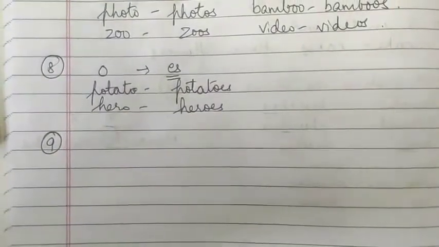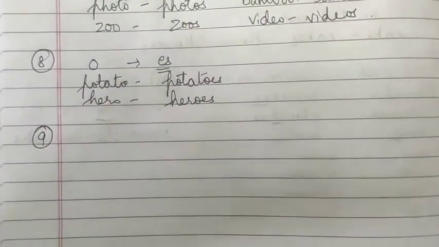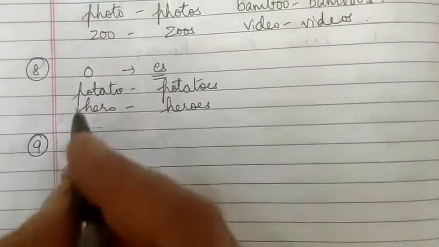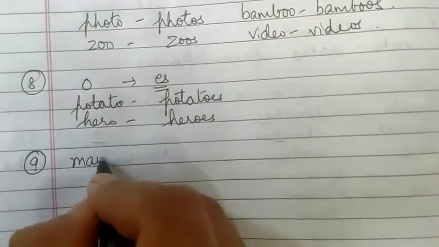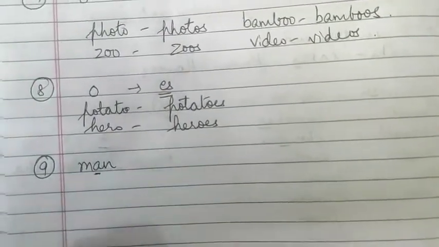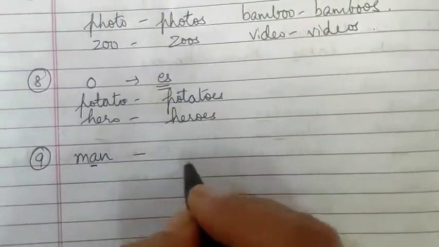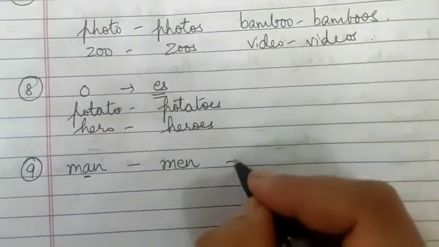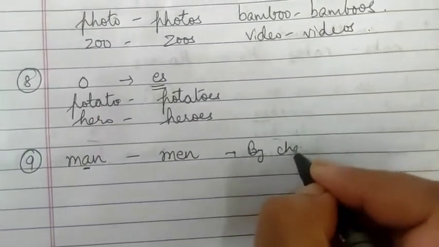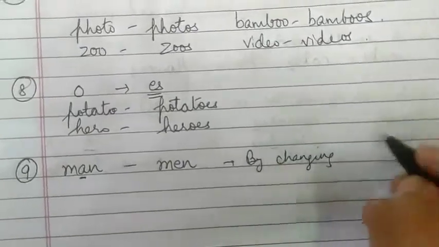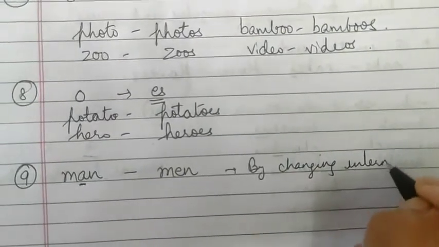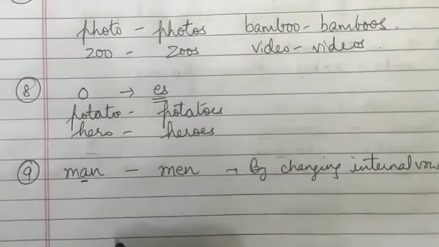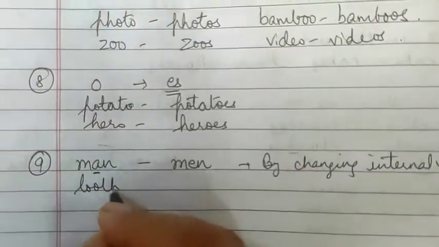Now, there are some nouns. When we change them into plural form, we have to change the vowels which are there in those words. Like man. Here the vowel A is there. When we will change them into plural form, we will write men. This is by changing internal vowels. Understood? Tooth.